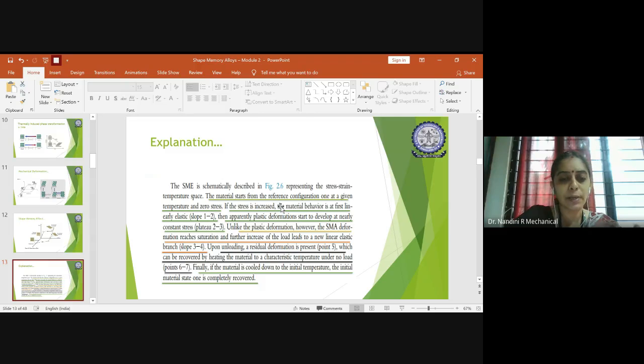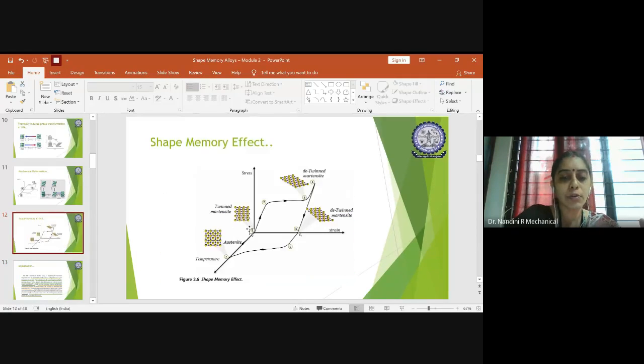Now let us start with the explanation. I have told you that it represents a stress, strain, and temperature space. The material starts from the reference configuration at zero stress. When the material is here, it does not have any stress or strain. Why? The material is not subjected to any temperature.